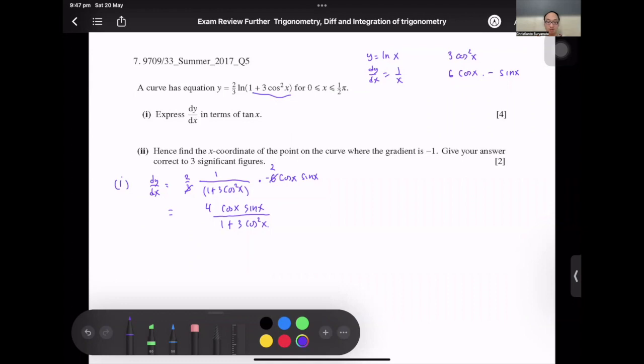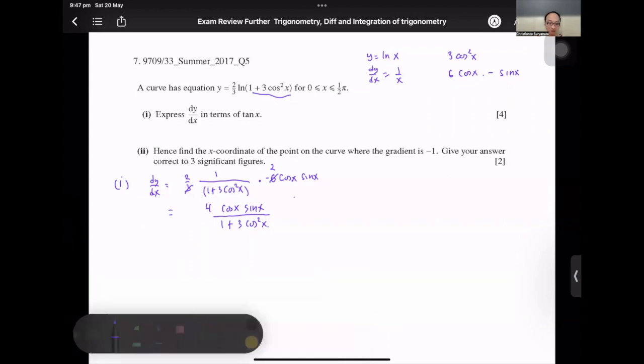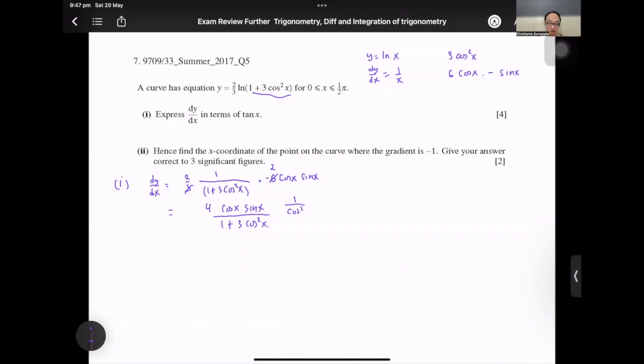Both numerator and denominator, we divide by cos square x. So it becomes, don't forget the negative here, cos x sin x over cos square x, over 1 over cos square x plus 3 cos square x over cos square x.